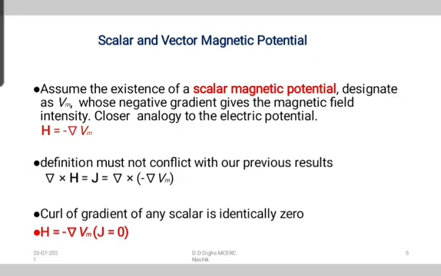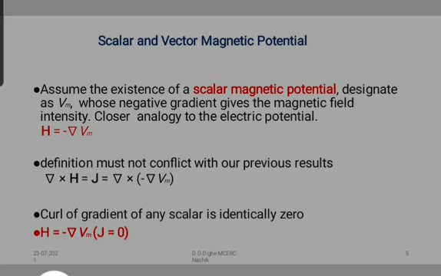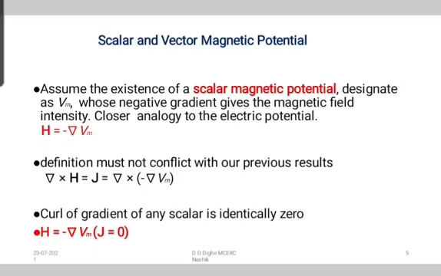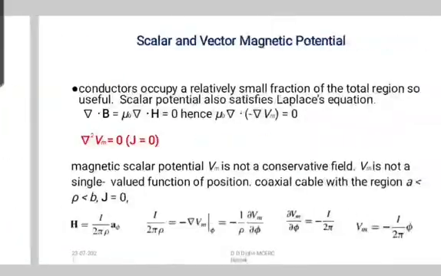So a closer analogy to the electric potential is given here. These are just the equations. The curl of the gradient of any scalar is also given here, which is identically 0.